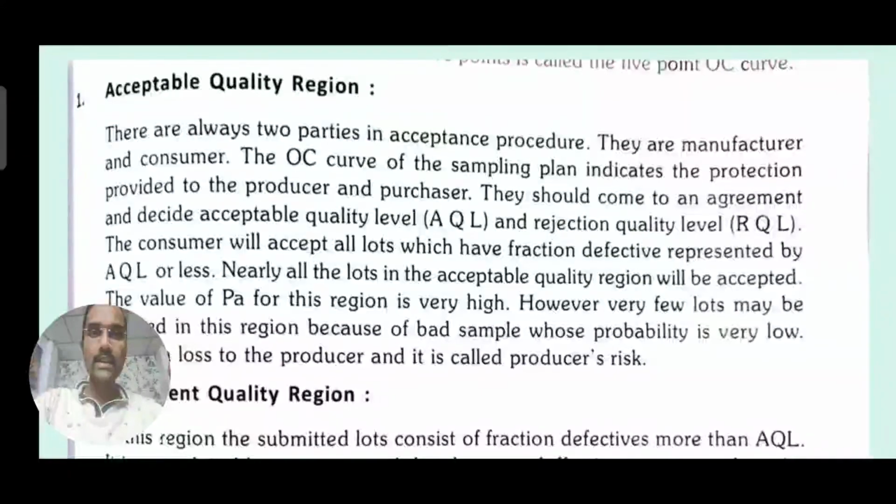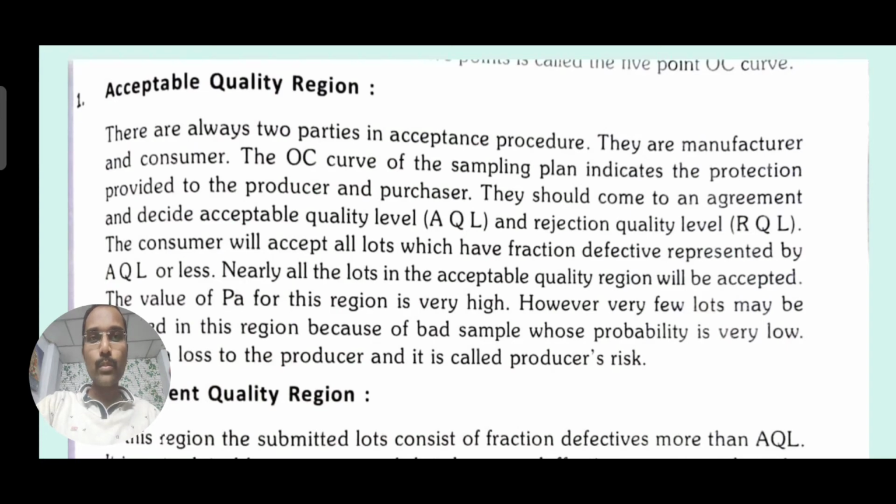First, moving into the acceptable quality region. As we have discussed earlier, there will always be two parties in the acceptance procedure, right? One is the producer and the other is the consumer. The OC curve of the sampling plan indicates the protection provided to the producer and the purchaser. The OC, operating characteristic curve, is a type of sampling plan.